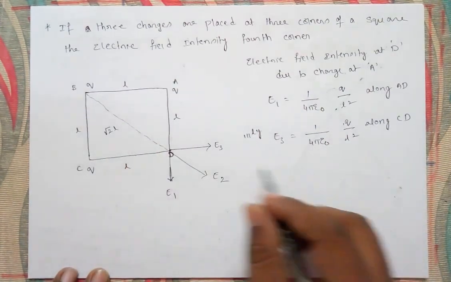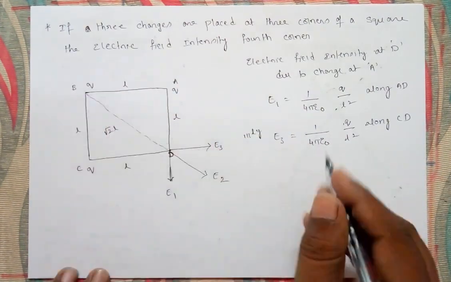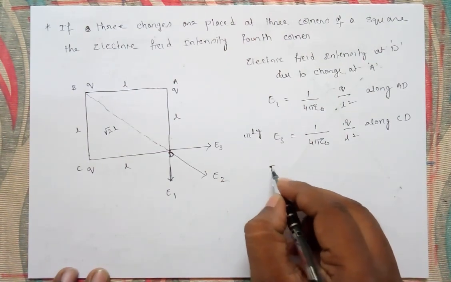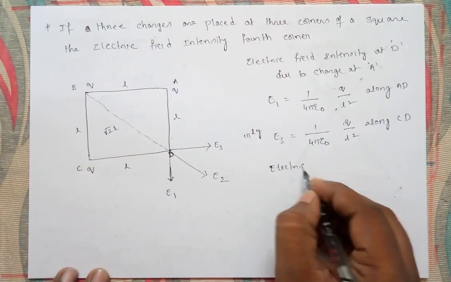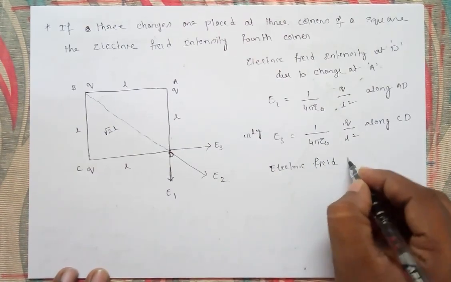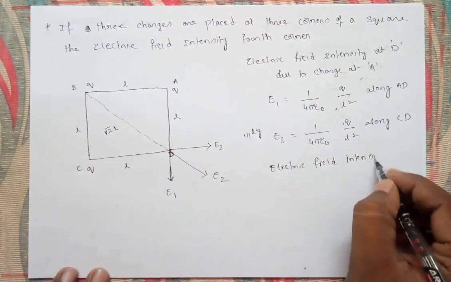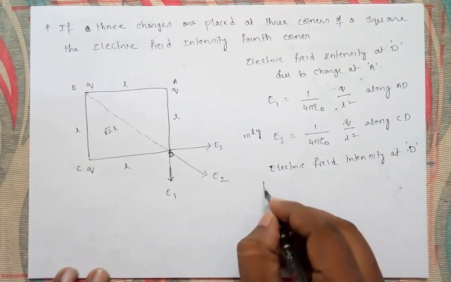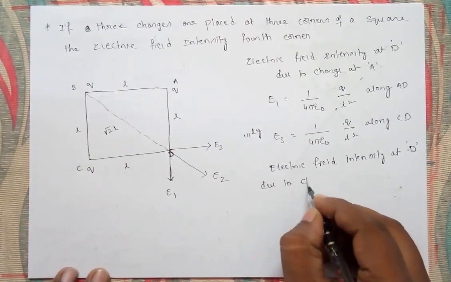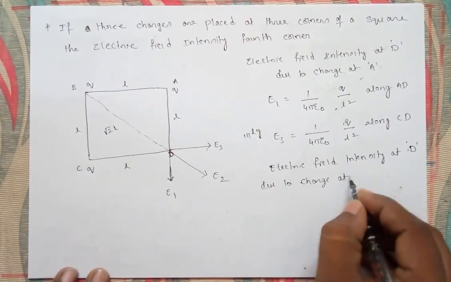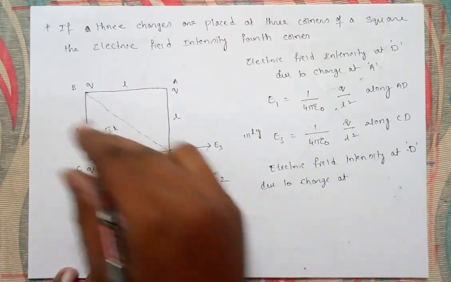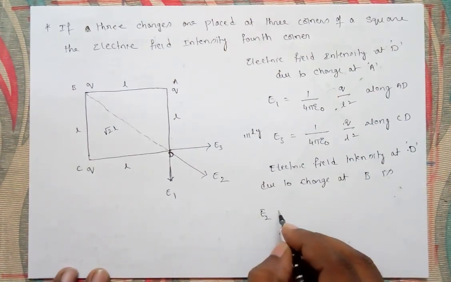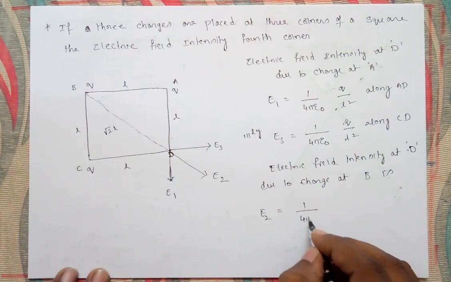And the electric field intensity at D due to the charge at B, that is E2, equals 1 upon 4 pi epsilon naught.